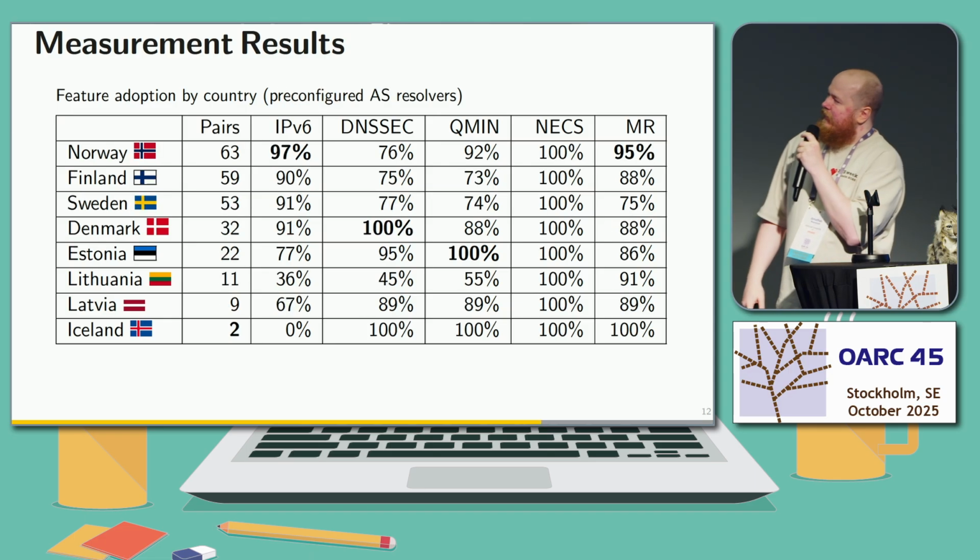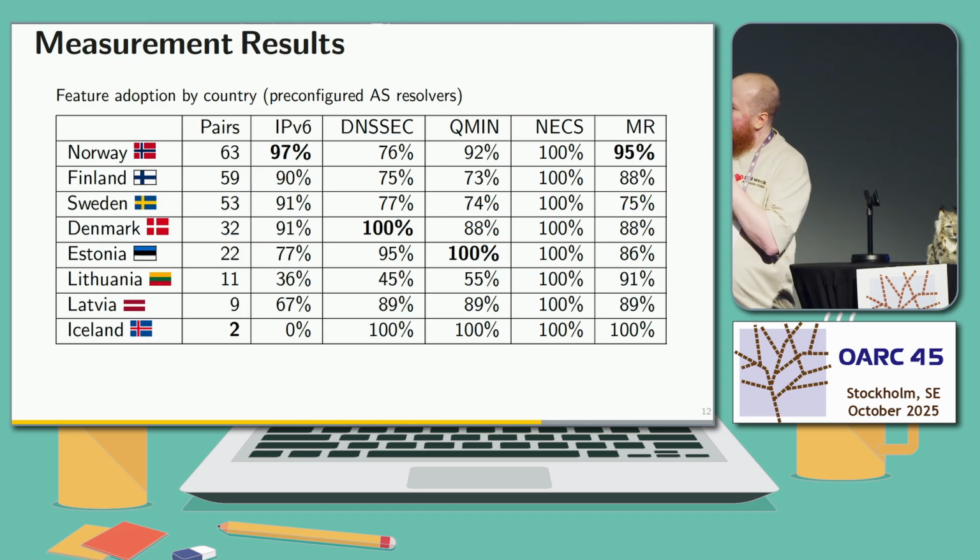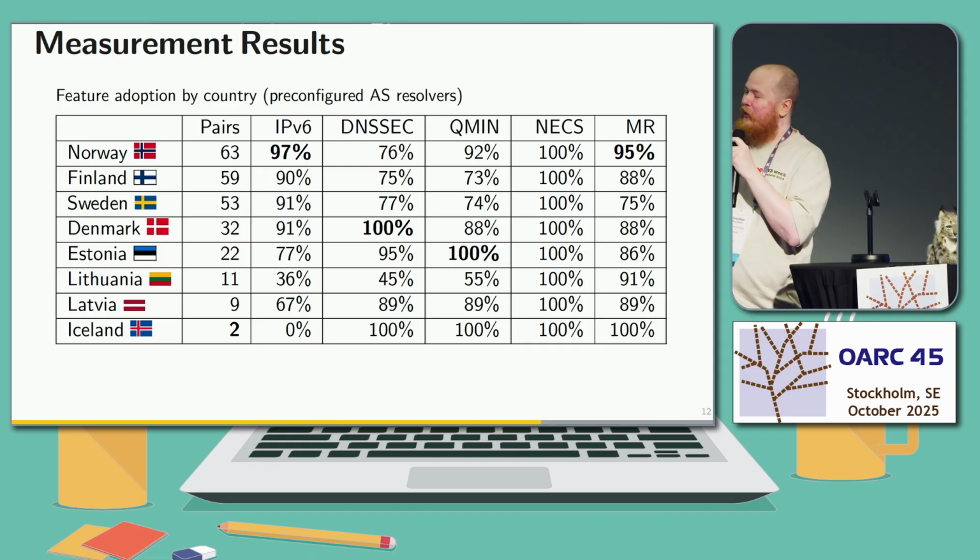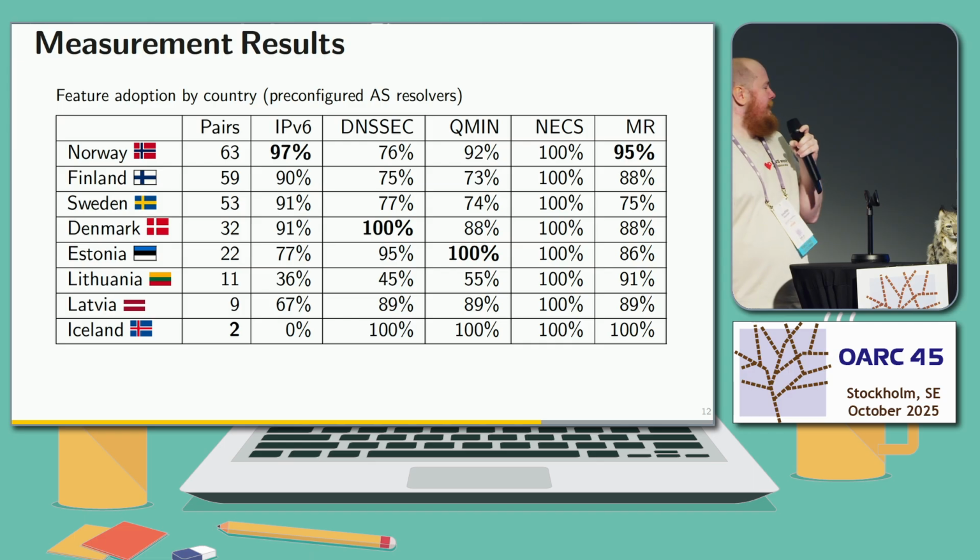Norway has very high IPv6 and minimal response adoption, DNSSEC is very high in Denmark, and query name minimization in Estonia, and it's 100% across the board for not using ECS, which is very nice. Bear in mind that even though Iceland has 100%, there are only 2 probe resolver pairs in the study.